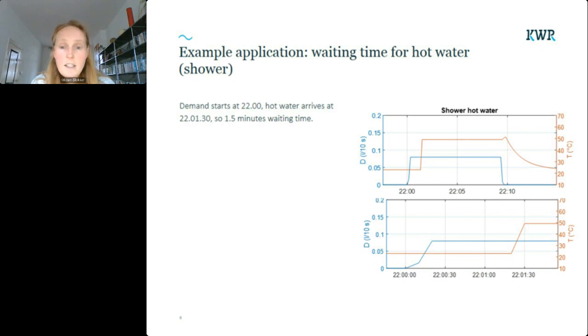You can see that this particular person took a shower for around 9 minutes, or probably 1.5 minutes less, because that's how long it takes for the hot water to arrive. So probably the first 1.5 minutes, they will not be taking that shower, but waiting for the hot water to arrive. Then you can see the same as what Jim showed in his measurement, that there is this decay where the temperature again drops to room temperature.